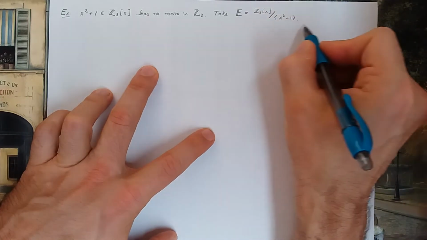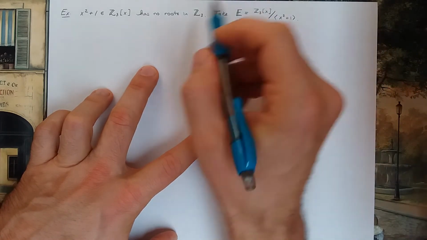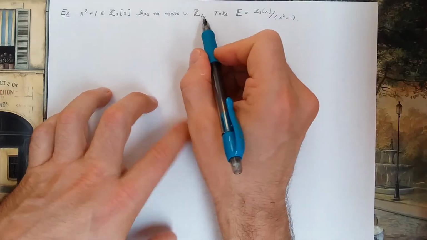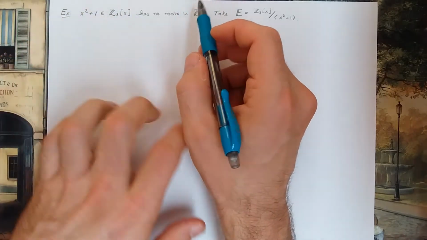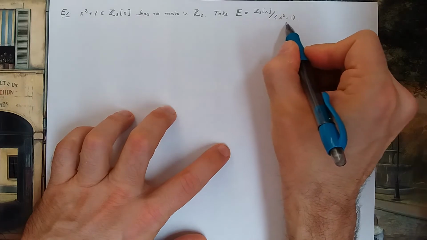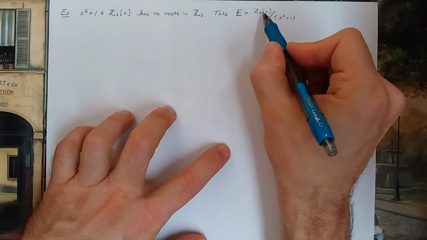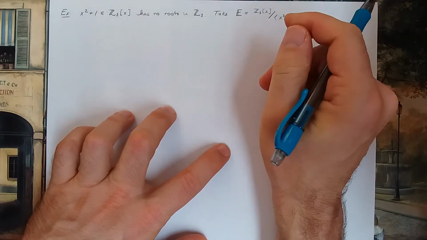Now this is indeed a field because x squared plus 1 is irreducible in Z3. It has no roots in Z3 and it's degree 2, so it's irreducible. Therefore, the ideal generated by this polynomial is maximal, and thus the quotient ring is a field.